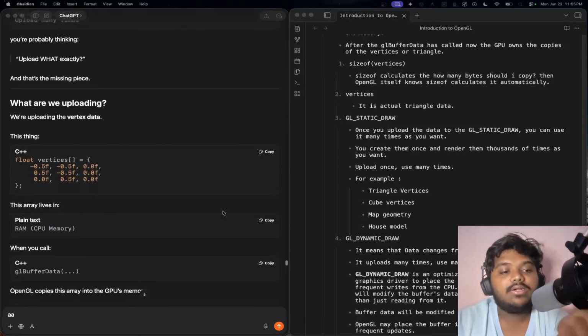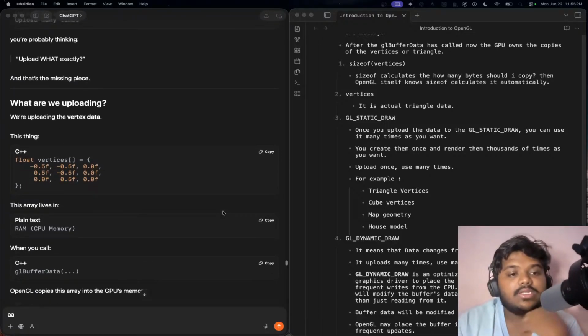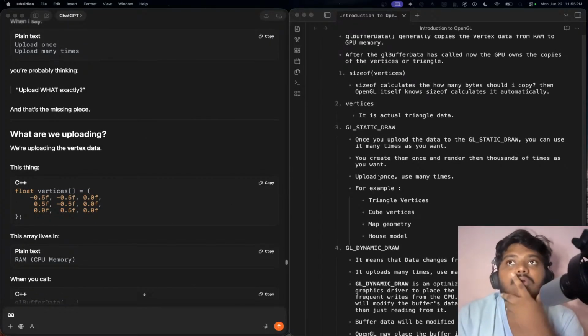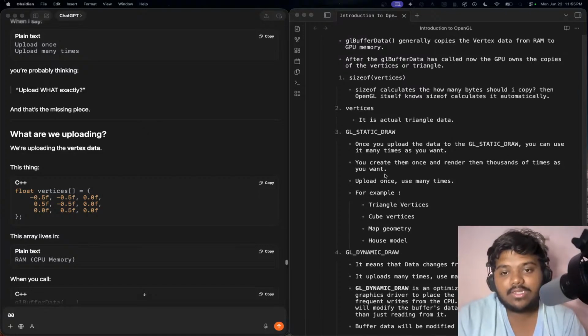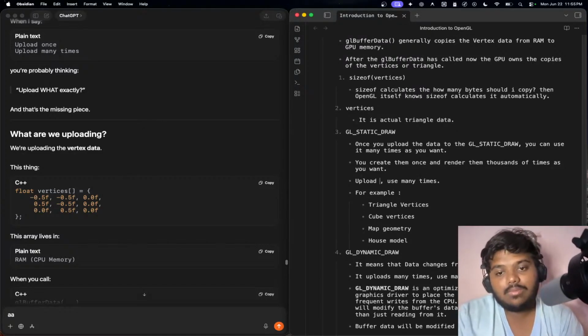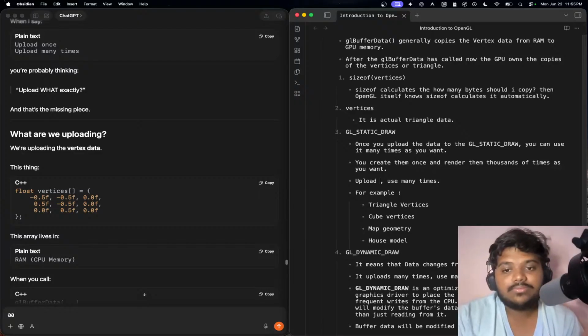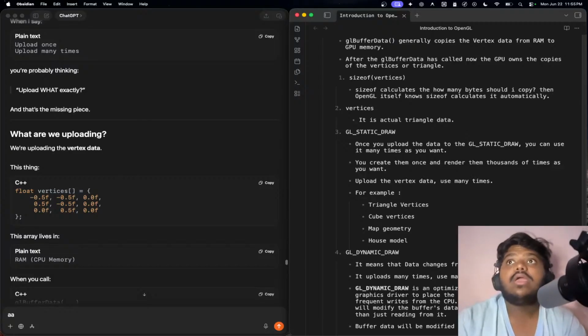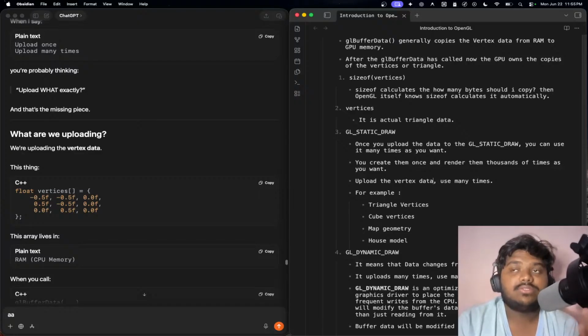All right. This array lives in RAM. Okay, so we are uploading the vertex data. I need to take notes.